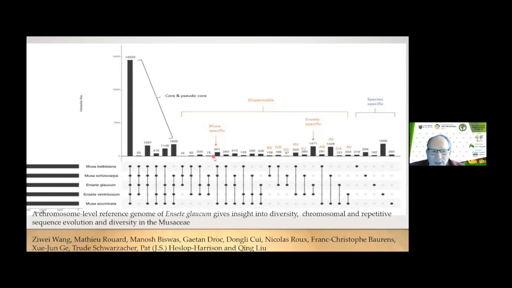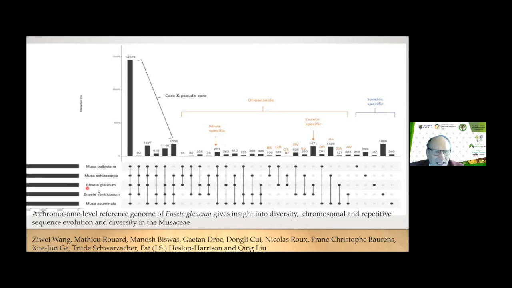There are relatively few that are specific to the Musa branch, 600 out of 35,000, and 1,500 or so that are specific to the Ensete branch. So that's interesting, indicating that there are some new genes which might be useful to be used in banana if we want to change some of the properties.